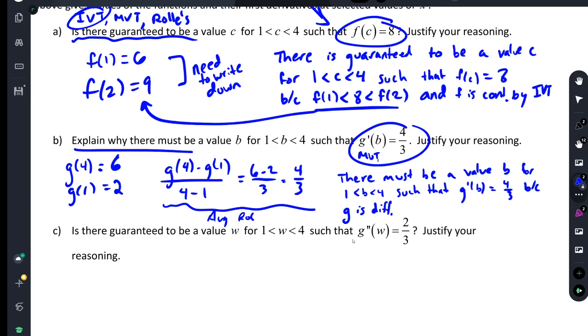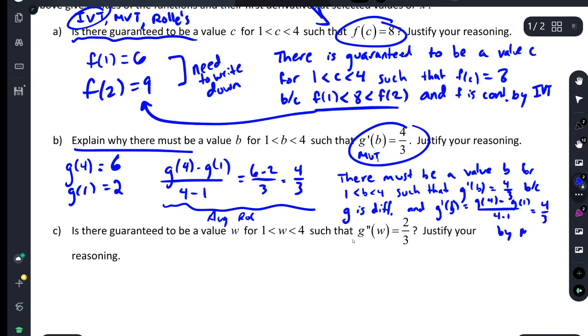But if you want, you could say g prime of b equals g of 4 minus g of 1 over 4 minus 1 equals 4/3 by MVT.